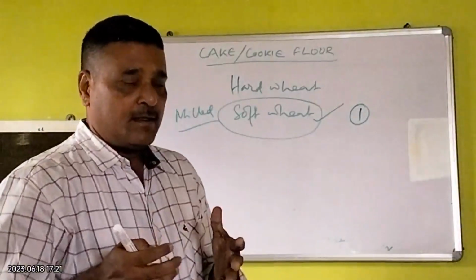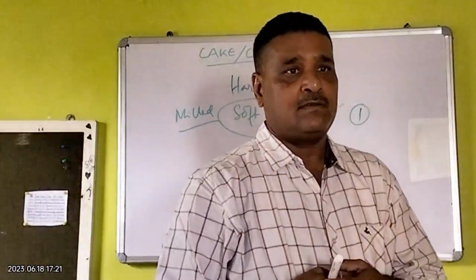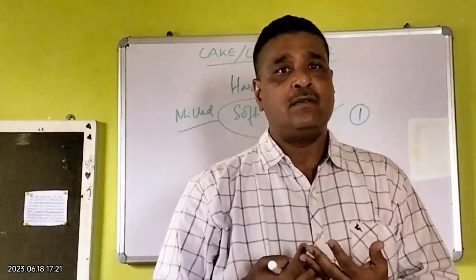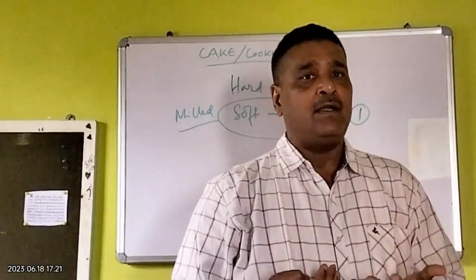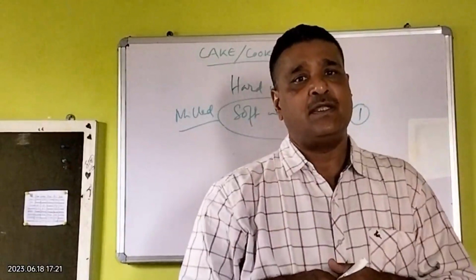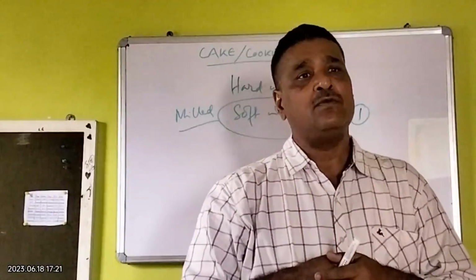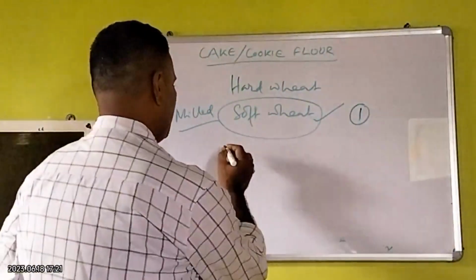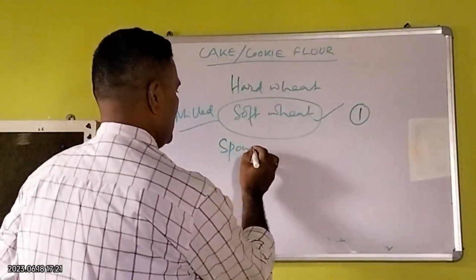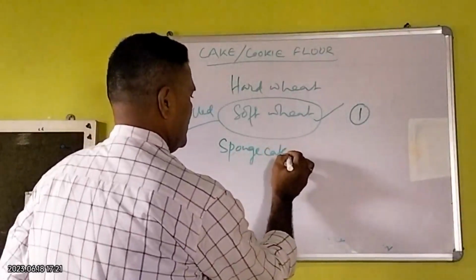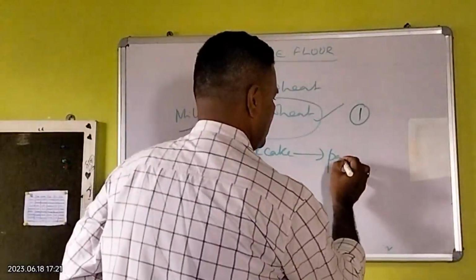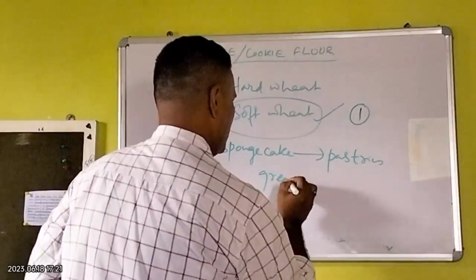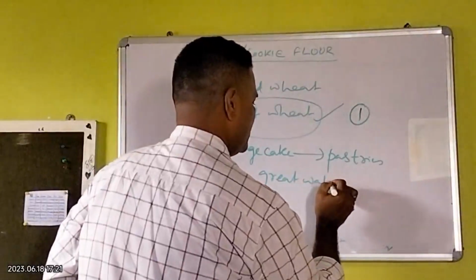But especially when you are making sponge cakes through which you are going to make pastry, why do you think the top end companies have got very good sponge cakes? And why is sponge cake so important? Why do customers like it? The basic thing about a sponge cake, which makes pastries for you, is great water holding capacity.